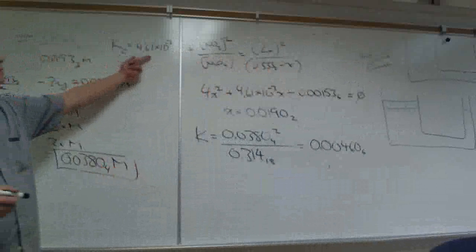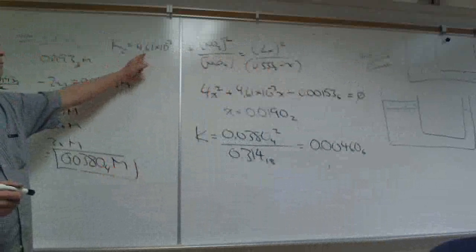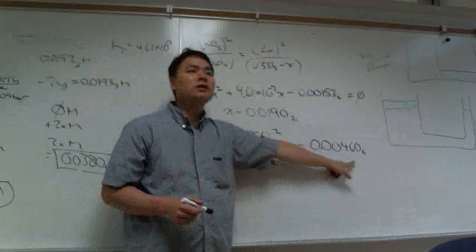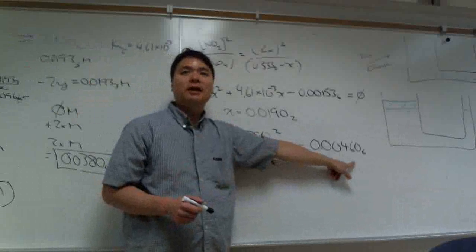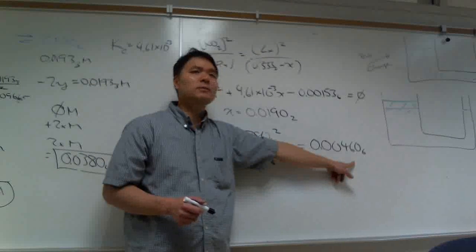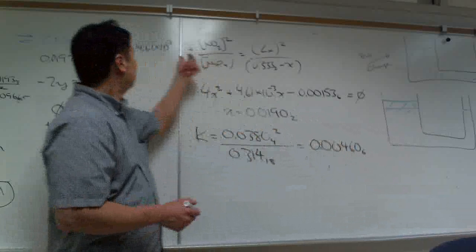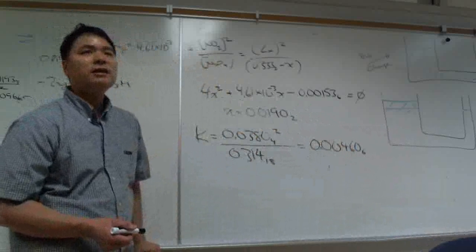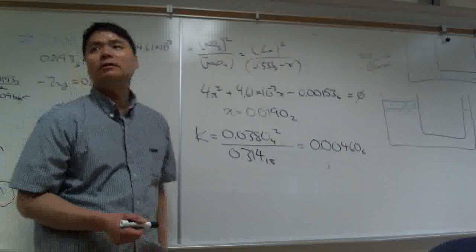When I look at it, it's supposed to be 461, it's 460.6. So, is that pretty good? Yeah, that's pretty good. Here we wouldn't be concerned. It looks good. Our double check and our accepted value K are the same.